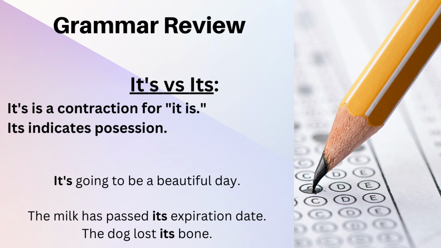Here are two examples where we do not use the apostrophe. Milk has passed its expiration date. Would we say the milk has passed it is expiration date? No. The dog lost its bone. Would we say the dog lost it is bone? No. If we answer no, then we do not use the apostrophe.